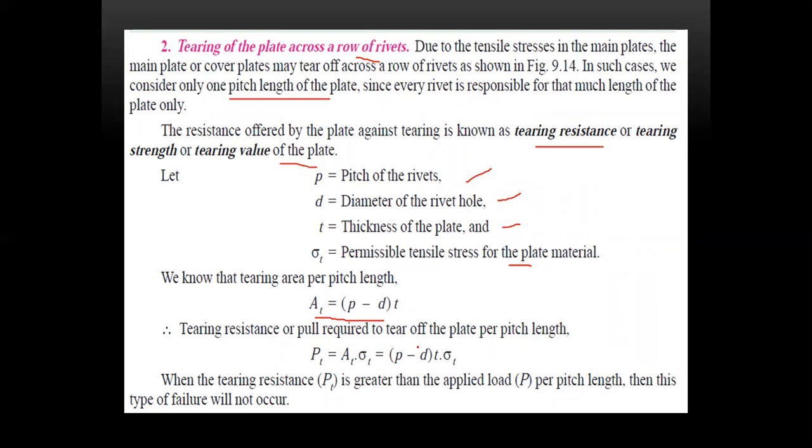The tearing resistance P t equals area A t into sigma t, that is (p minus d) into t into sigma t. Where the tearing resistance P t is greater than the applied force P, this type of failure will not occur. So this is the formula for tearing of the plate across the rows of the rivet.